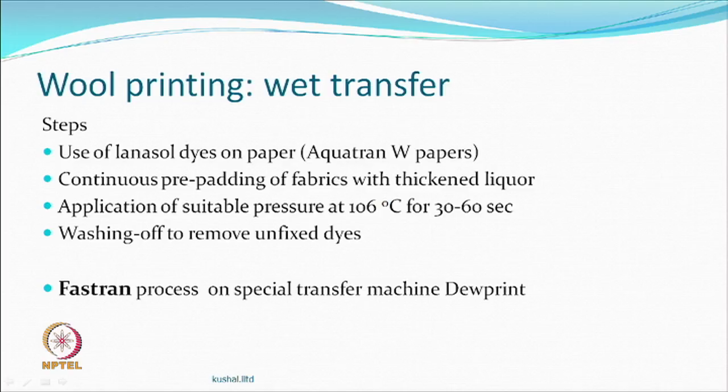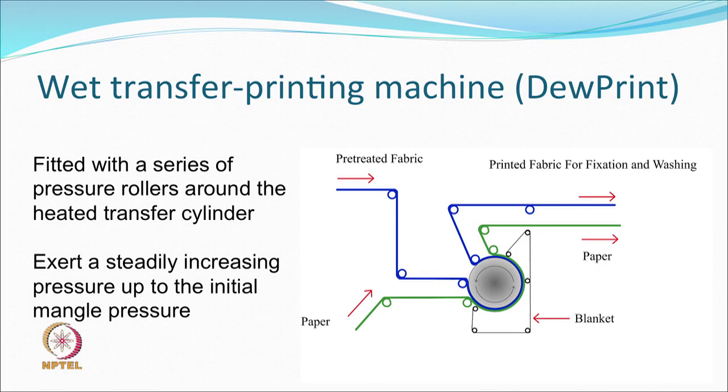So, they worked on various systems, and they also tried to make transfer machine specifically for wet transfer, and the machine was marketed as dew print. So, basically as if condensation will take place and things like that.